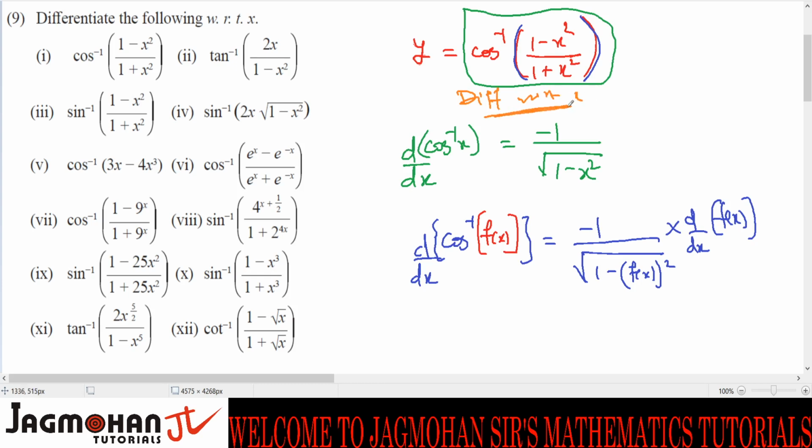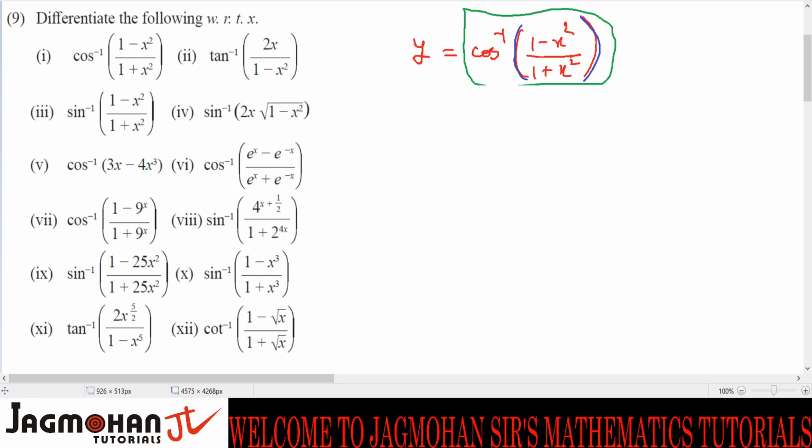Why? Because if we do this, it will become very lengthy. So what we will do, students, we will definitely use some technique by which this function which we have to differentiate becomes a simple function.